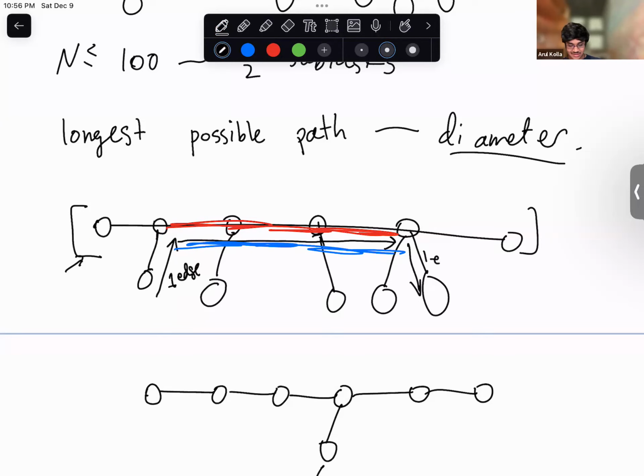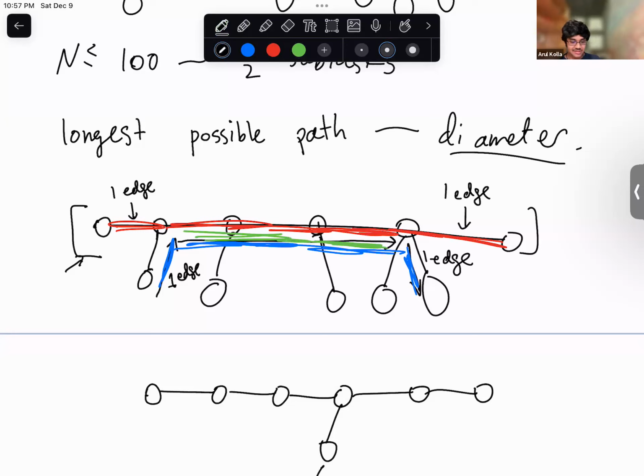This is also only one edge. So the only way for this to be longer is if these two also have to be one edge. If we look at the diameter path versus this path, the blue path cannot be longer than this green overlap.